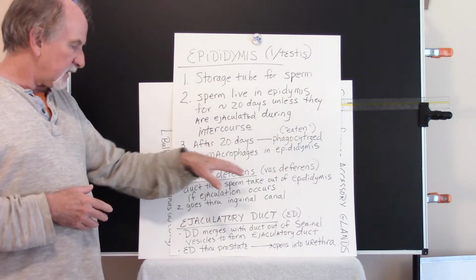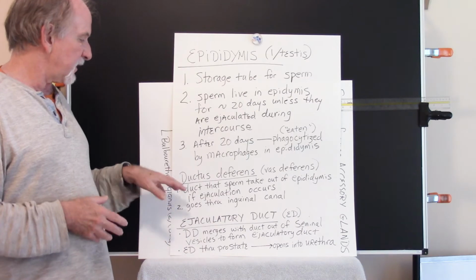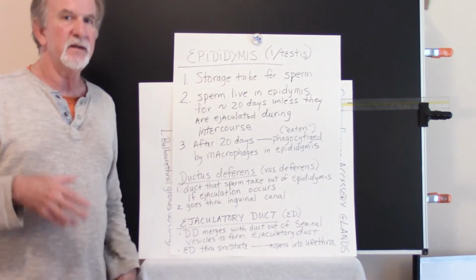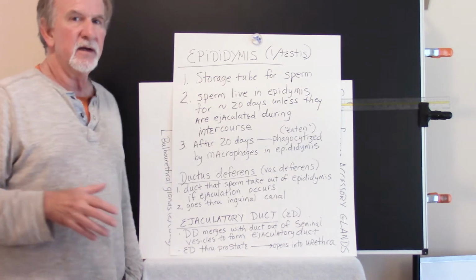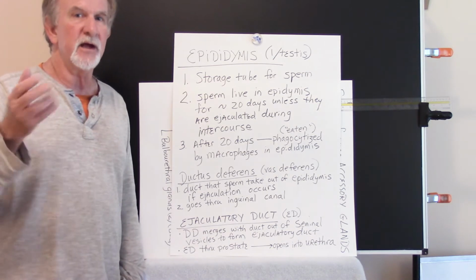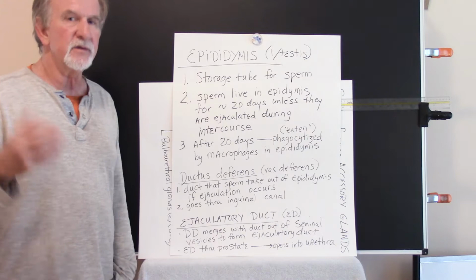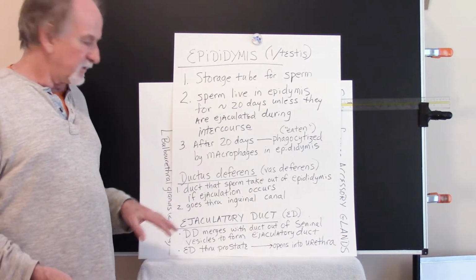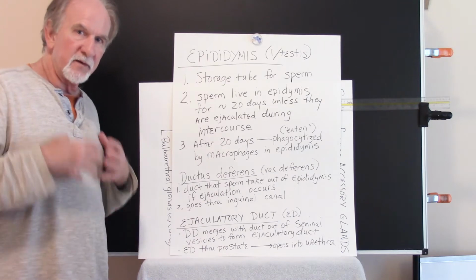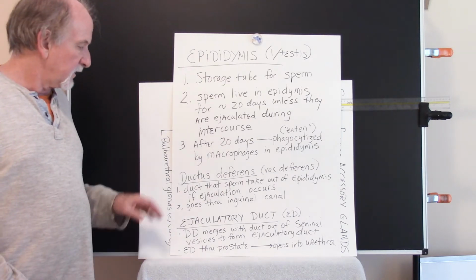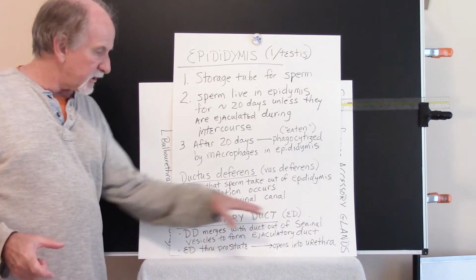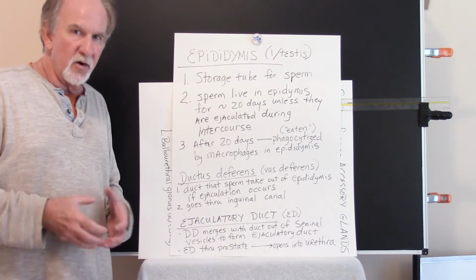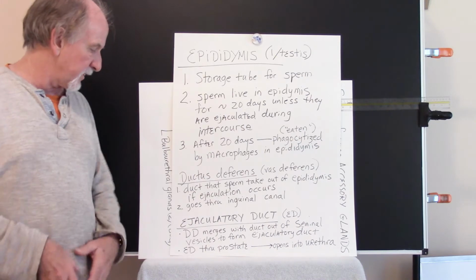And the ductus deferens is a tube that the sperm take out of the epididymis if a guy ejaculates semen during sexual intercourse. The ductus deferens joins with the duct coming out of the seminal vesicle to form a very short ejaculatory duct that goes through the prostate and then opens up into the urethra.